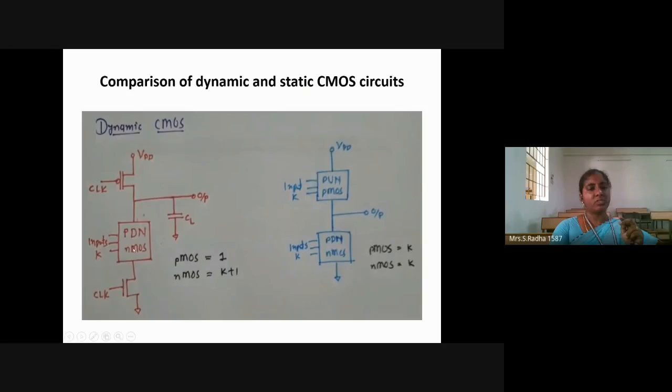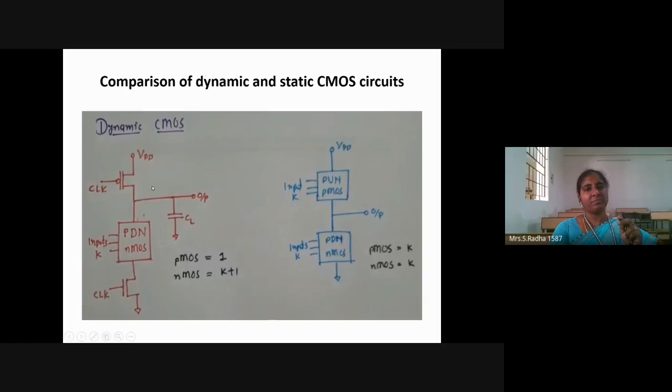In dynamic CMOS, there are K NMOS transistors in the original structure. One additional NMOS we use, so K plus 1 NMOS transistors. One PMOS transistor we use, so one PMOS. These are the total number of transistors in dynamic.